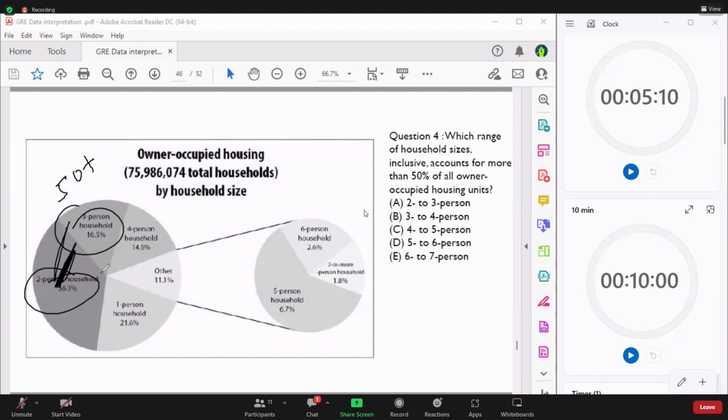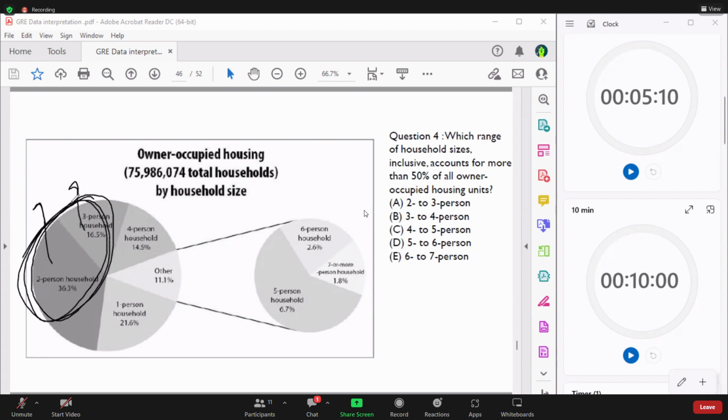There is not going to be any other portion which you add together and the sum would be greater than what these two would produce. This here is 36, this here is 16, so it will be 52.8. So 2 to 3 person households account for more than 50% of the owner-occupied households.